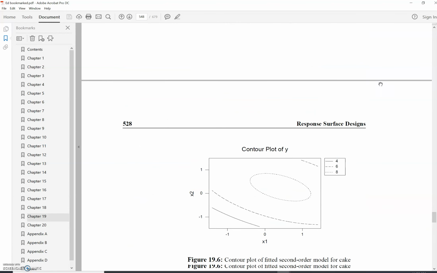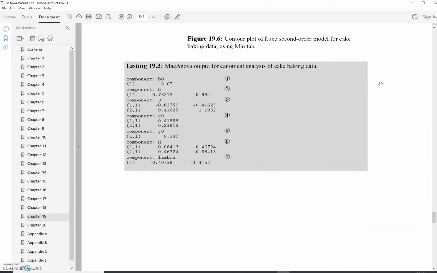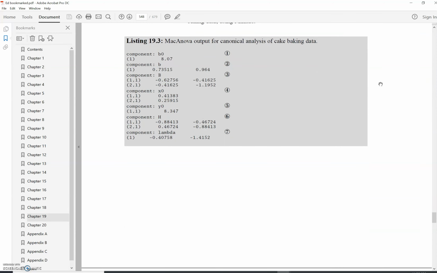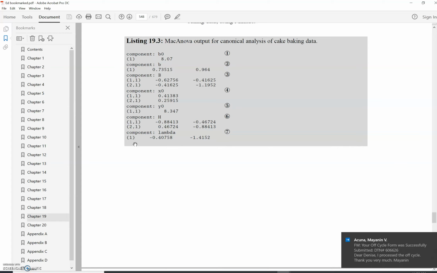We need to think about that canonical analysis for the surface. So let's look at listing 19.3. Here we have the different components that will help us understand those values. For me, I think it's most informative to look at the lambdas. So remember, when the lambdas are both negative, we are describing a maximum point.